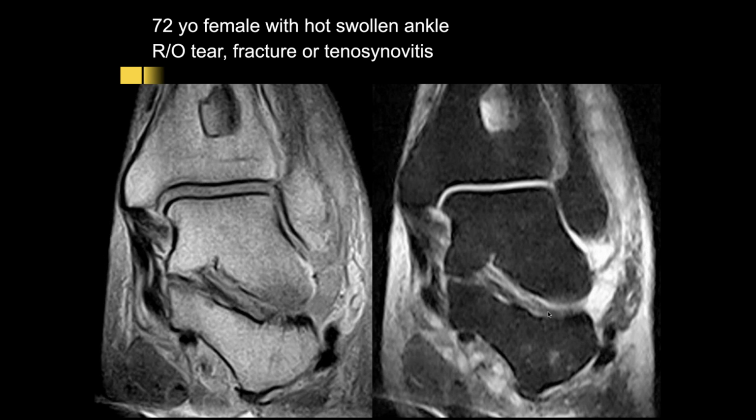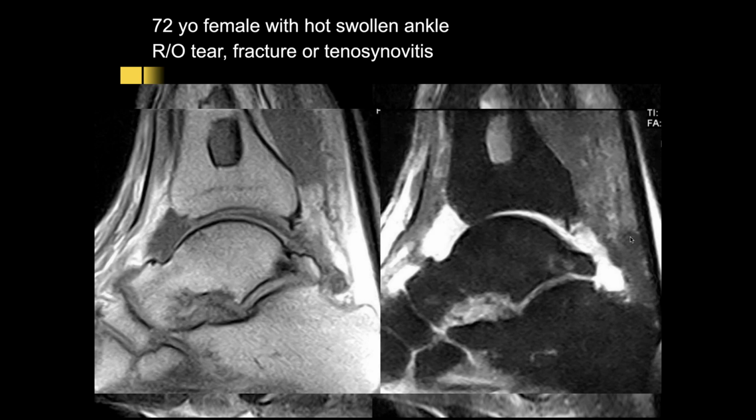It does look like she has a cystic lesion in the distal tibia, but it's pretty well circumscribed. I think that may be incidental. Along the lateral tibial fibular soft tissue, she has subcutaneous edema and soft tissue thickening in the region of the peroneal tendons.